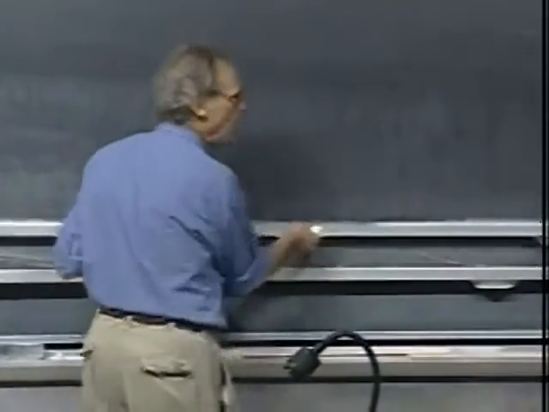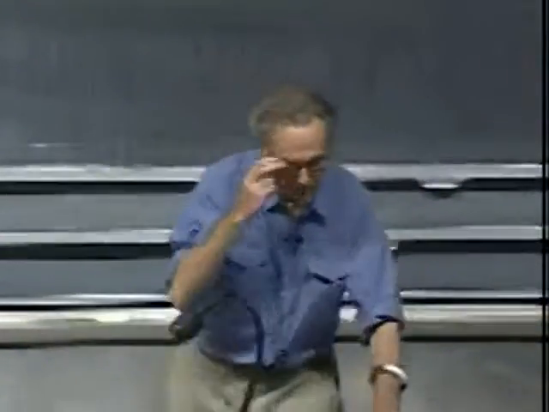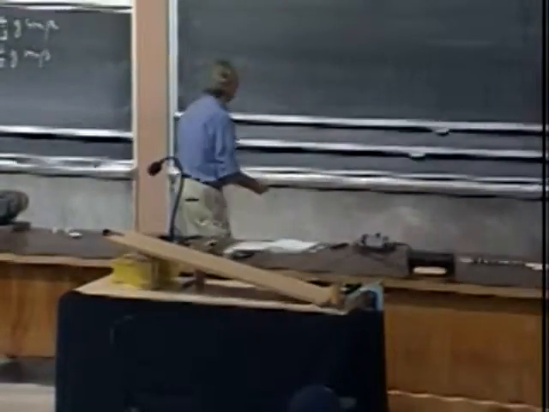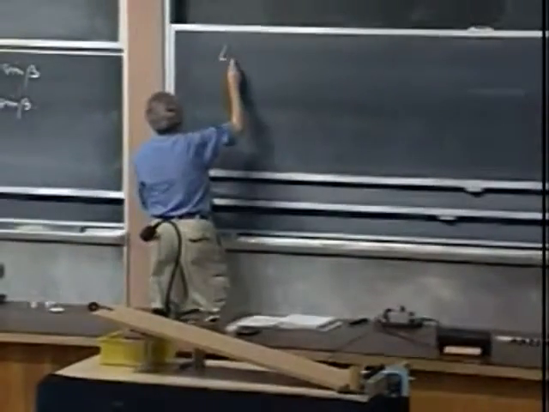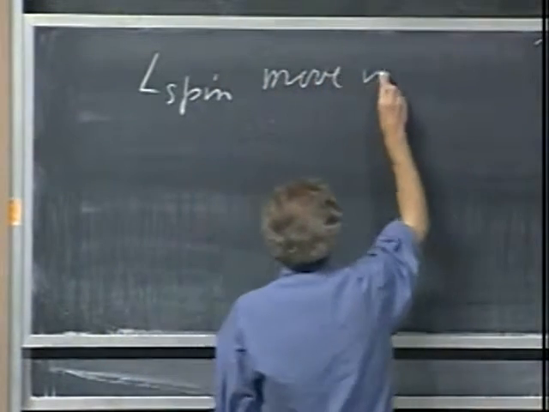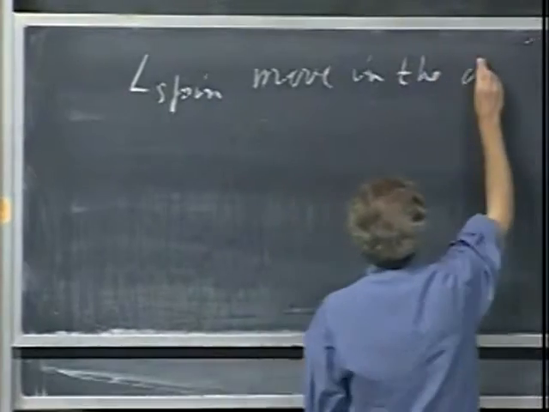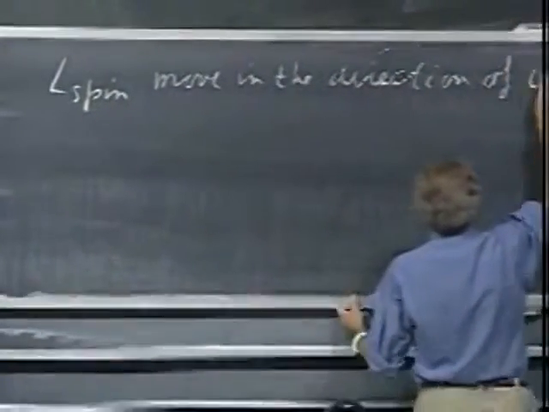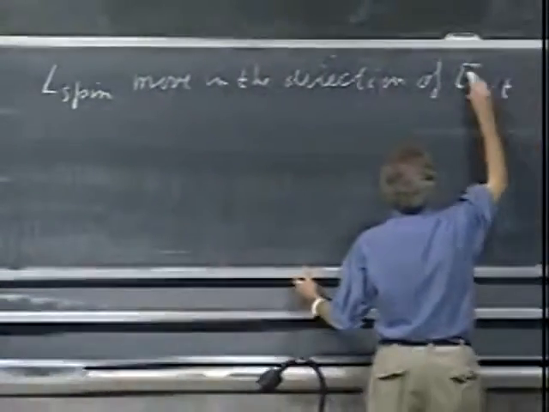However, there is one thing that always helps me in terms of guiding me. And that is, you can always predict that the spin angular momentum will always move in the direction of the torque, which is this external torque that I applied.